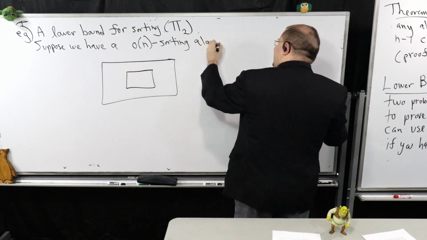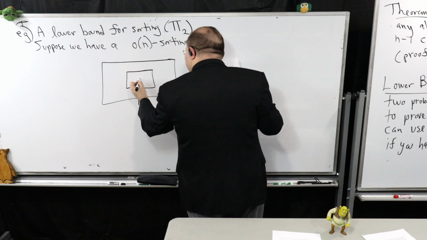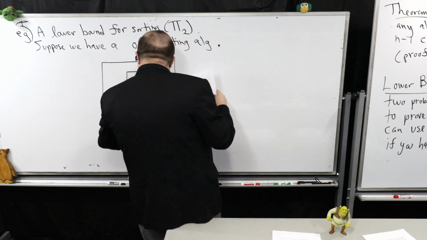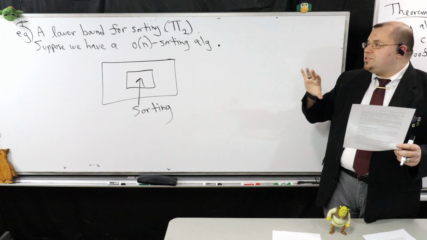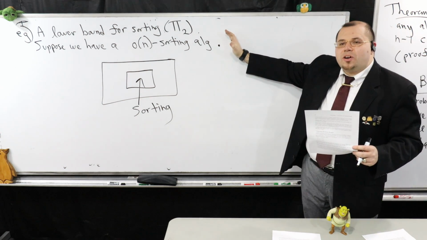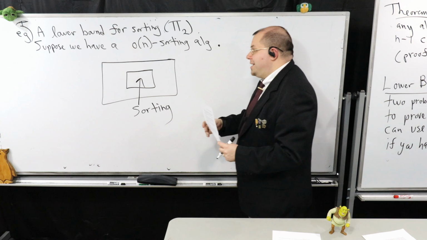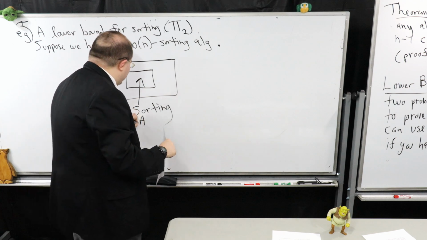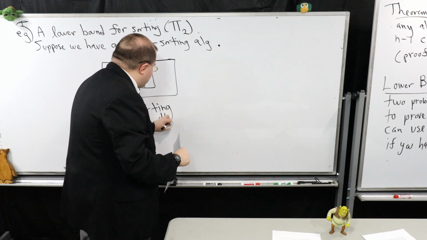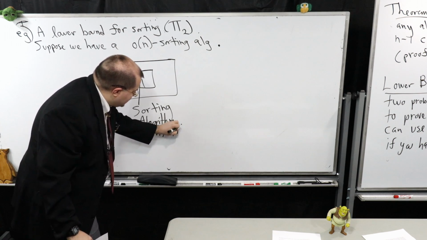Well, what we'll do is say that this box represents sorting. And if I know that this algorithm exists, I'm going to try to use it to solve another problem that I have a known lower bound for. And if I can do it faster, then most certainly this algorithm, the one in this box, my sorting algorithm, the one that I've assumed exists, this little o of n time algorithm, can't exist.